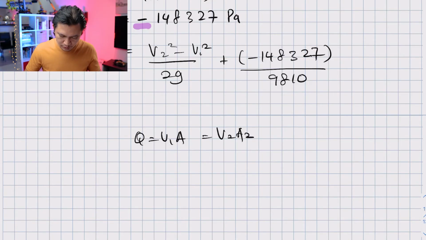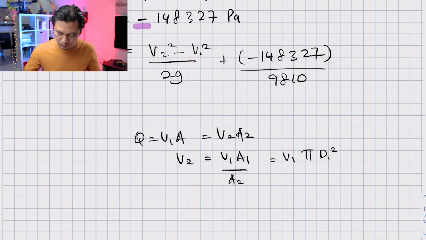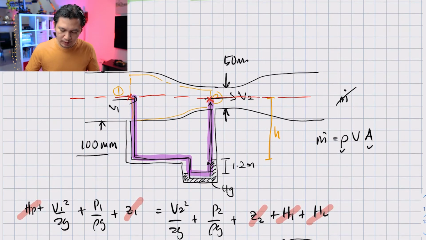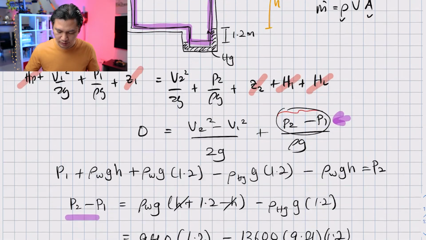And if I take V2 here, so V2 will be V1A1 over A2. And A1 over A2 is pi D1 square over pi D2 square times 4 over 4. So this cancels out. And this can cancel out as well. And D1 is 100 millimeter and D2 is 50 millimeter.